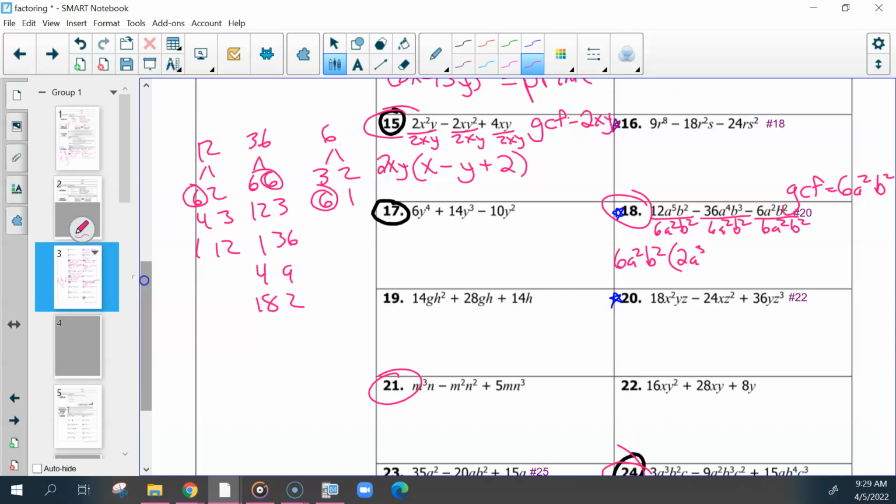The b squared is cancelled. Negative 36a to the 4th b to the 3rd over 6a squared b squared. And then negative 6a squared b squared over 6a squared b squared is -1.